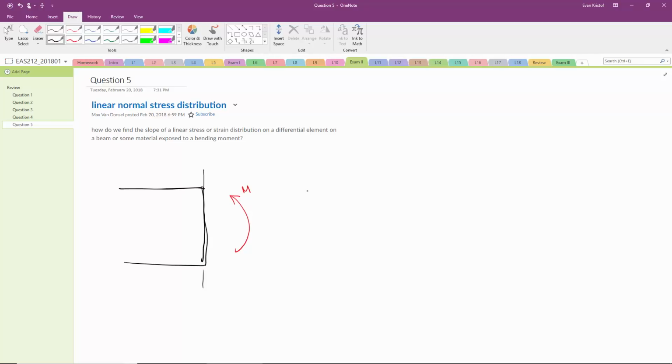He might be asking, if I want to plot out the strain and if I want to plot out the stress, how do I figure out what this slope is right here, or what this slope is right here? And if that's the case, it's all about calculating, well, you know where the neutral axis is, and that's where this passes through 0.